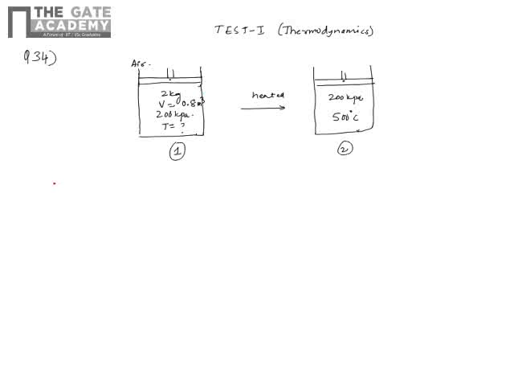Now entropy change, whenever it's asked, we use one of the two TdS equations. Now what are TdS equations? Well, the TdS equations are something like this: du plus pdv. This is one equation. The other equation is dh minus vdp. Now depending on whether volume is constant or pressure is constant, we use either of these equations.